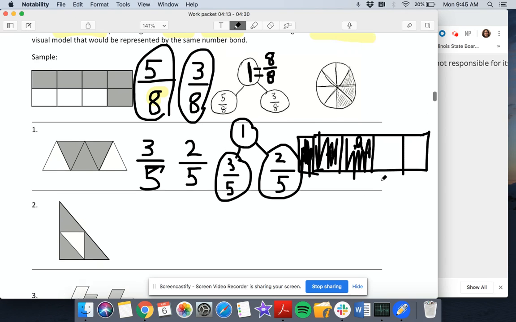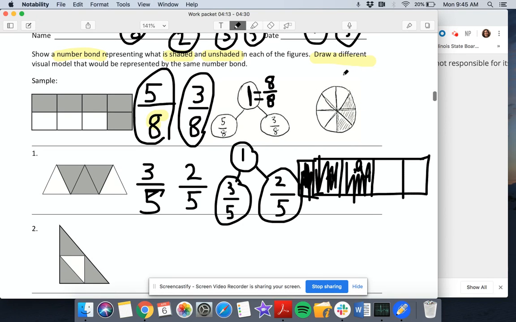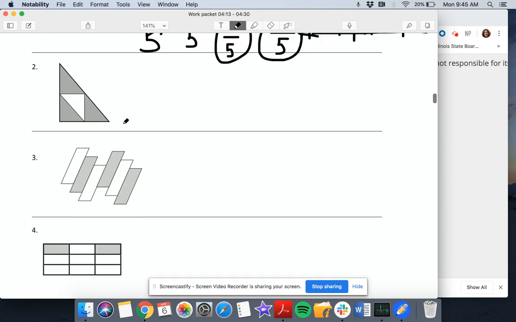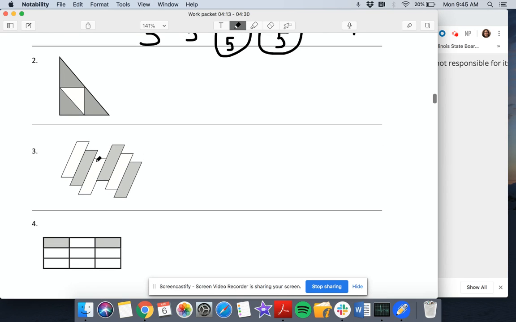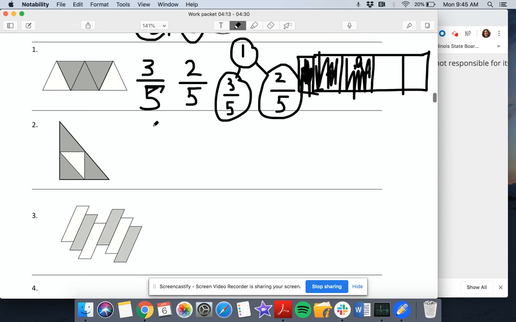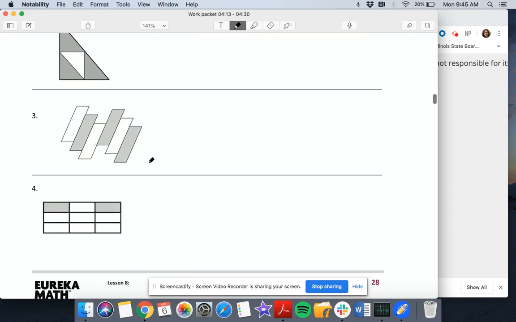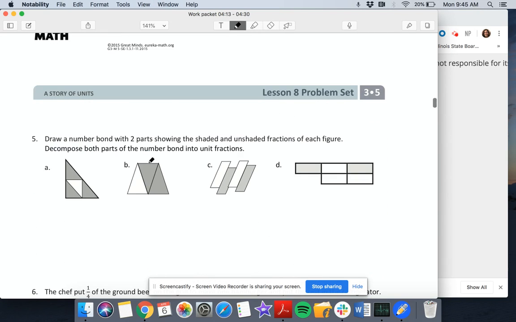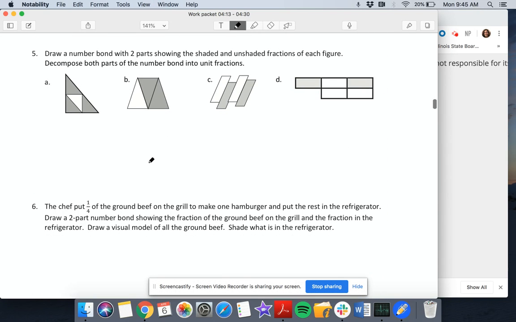Okay. It isn't optional to draw another visual model. Actually, you have a choice whether or not to do that for 2, 3, and 4, but definitely write the number bonds. Okay. And then on the next page, pretty much same situation. Question 5 asks, draw a number bond with 2 parts showing the shaded and unshaded of each figure.